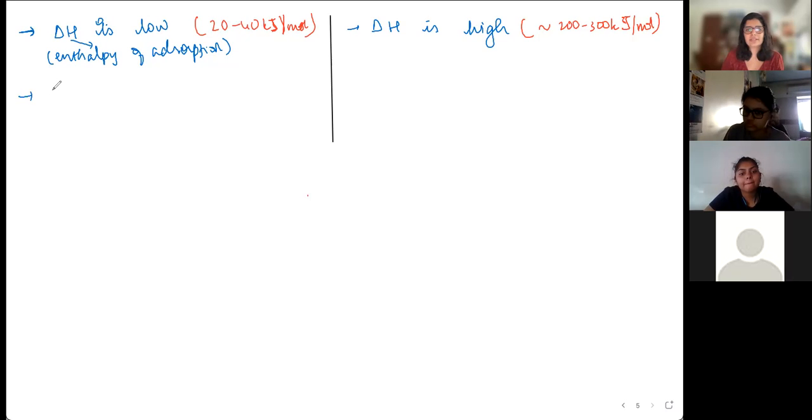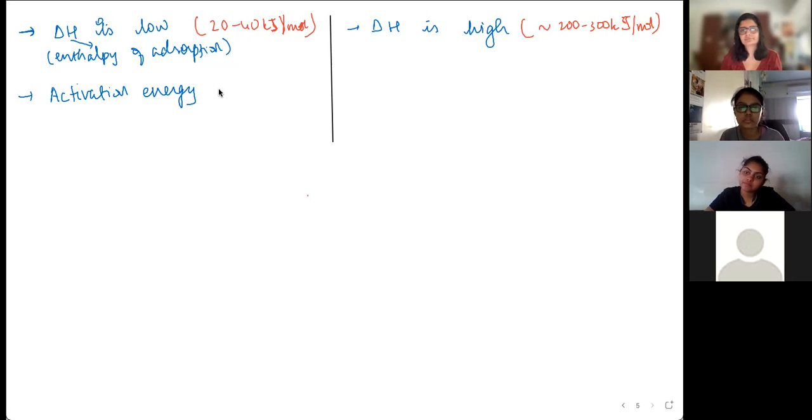What can you say about the activation energy for both these processes? In chemical reactions, activation energy will be lower because you use a catalyst. Oh, but don't you use a catalyst in chemical reactions?